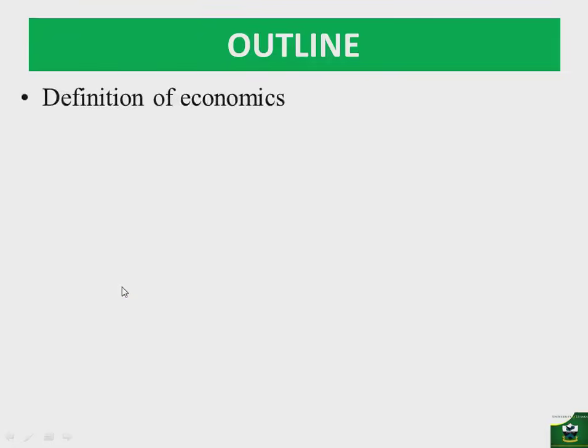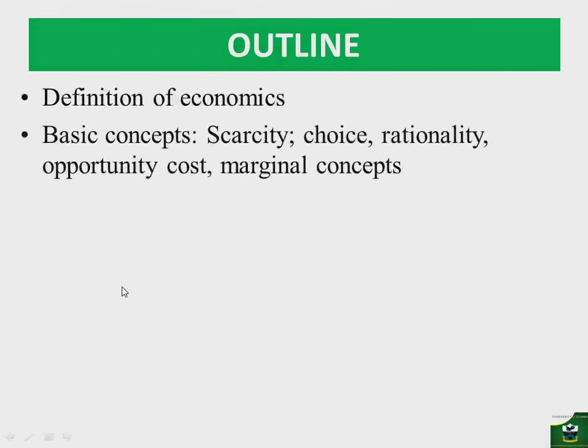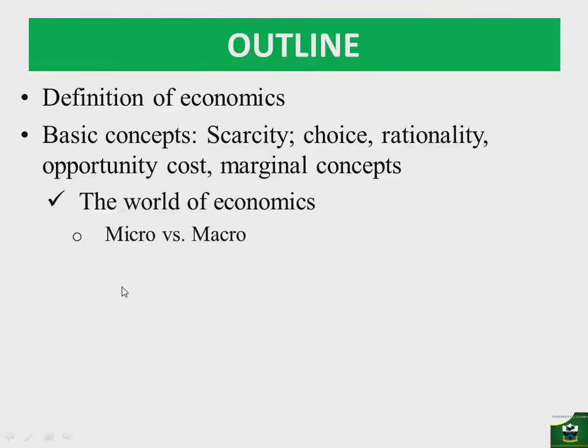We are going to define economics, and after that we'll look at the basic concepts of scarcity, choice, rationality, opportunity cost, and the marginal concepts. Under the second bullet, we will look at the world of economics, and specifically we'll distinguish between microeconomics and macroeconomics.